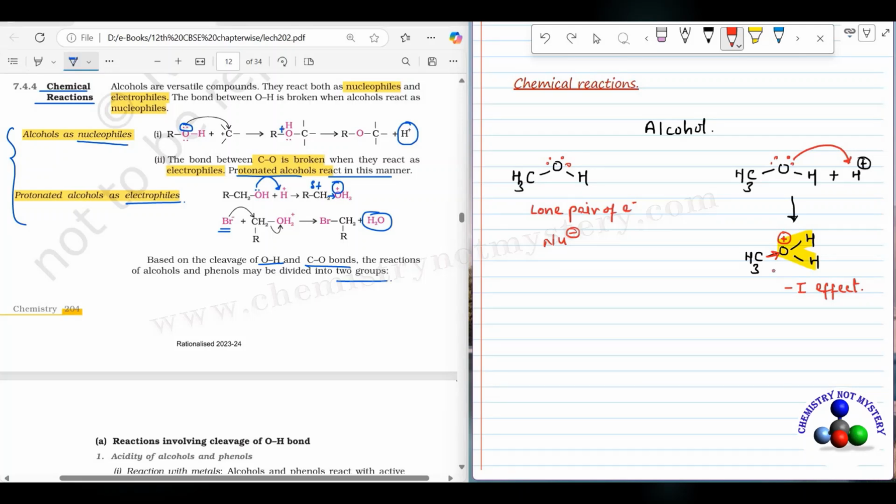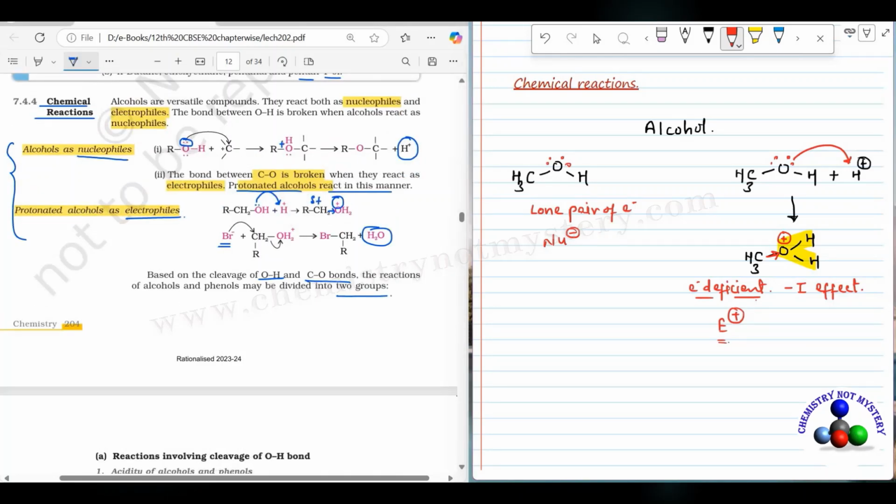So by the withdrawal of electron density, this carbon becomes electron deficient. This electron deficient center acts as an electrophile. That's why it is written here that protonated alcohol acts as an electrophile.